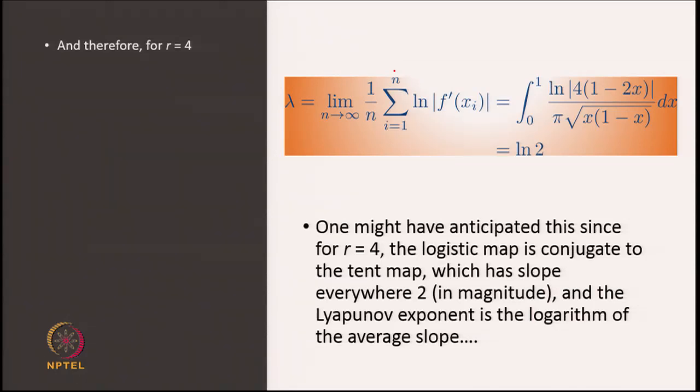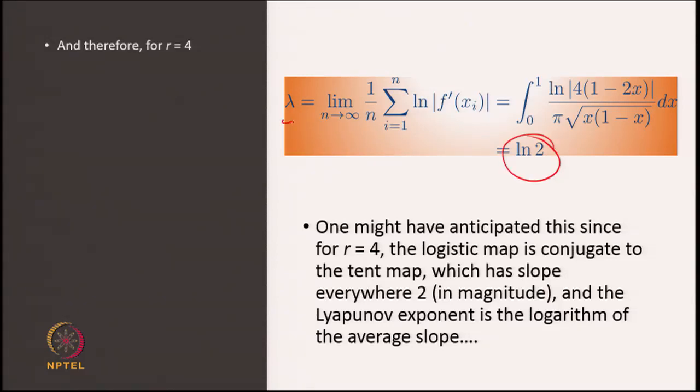Now, this has to be exactly equal to the space average. So, the integral of the logarithm of f prime, which is log of 4 into 1 minus 2x, times the invariant measure, which is 1 upon pi root x into 1 minus x, dx. The integral is fairly simple. You can solve that quite nicely to find the value of log 2.